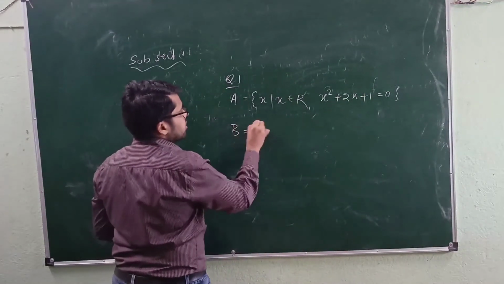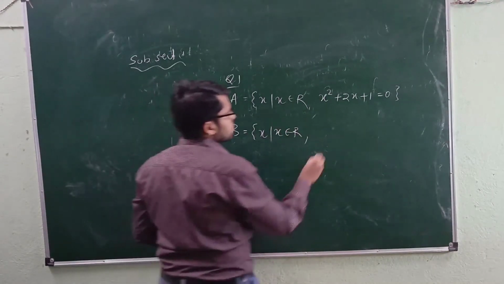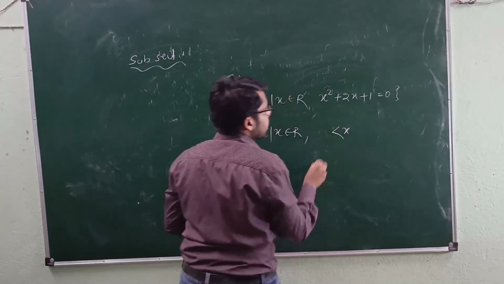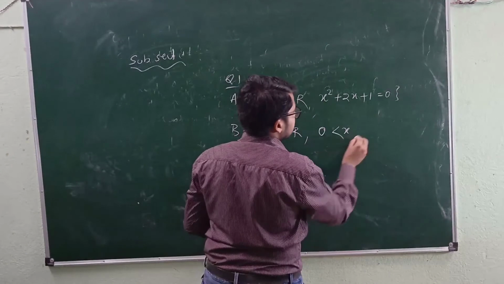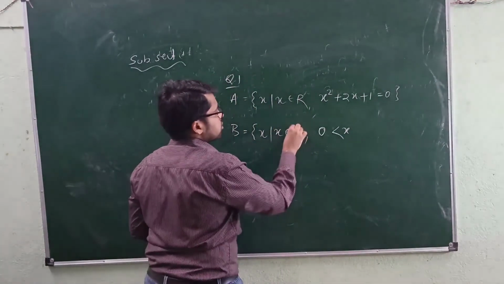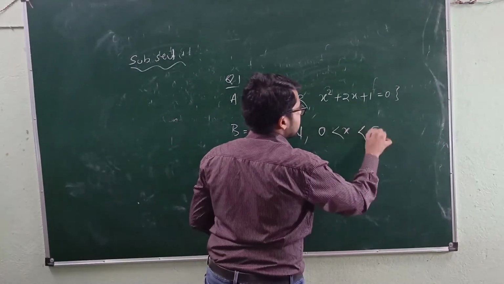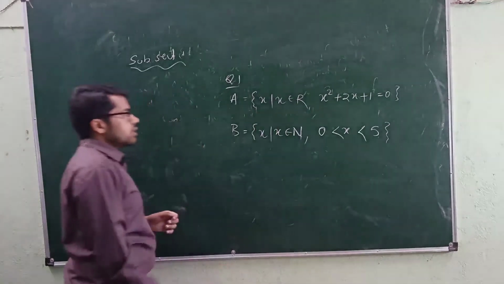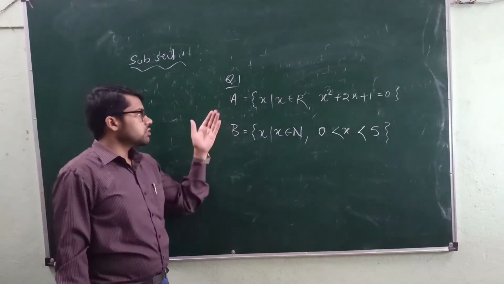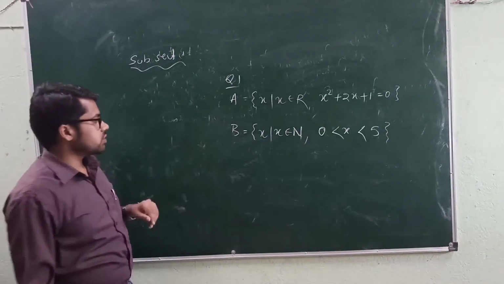Another set B is given, x such that x belongs to N, x greater than 0 and less than 5. Okay, so these two sets are given in set builder format. So your job is to first convert the sets into listing format, then check whether A is equal to B or not.